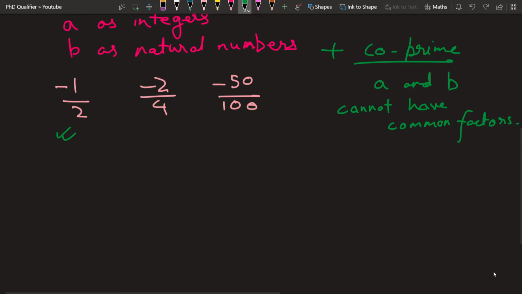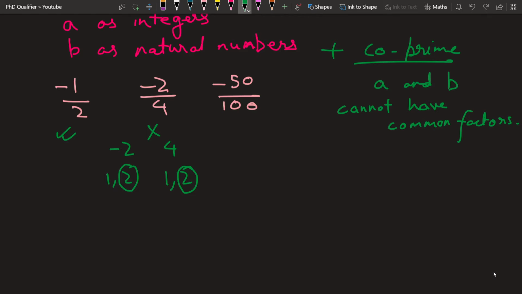If you check -2 and 4, -2 has factors 1 and 2, and 4 has factors 1, 2 and 4. So you see they have a common prime factor, which is 2, and thus they are not coprime, so this will not come into the picture.